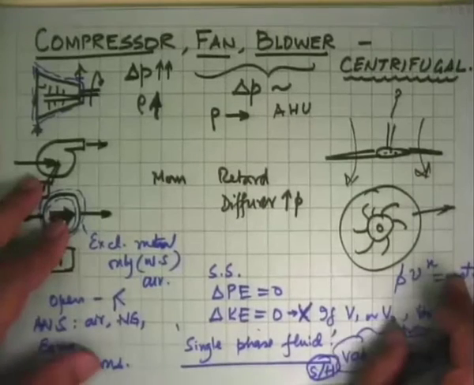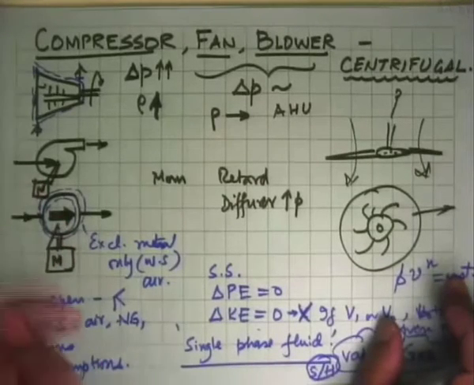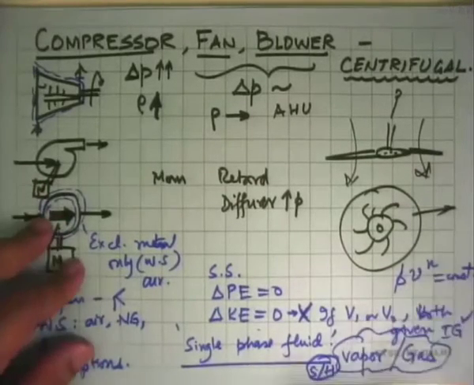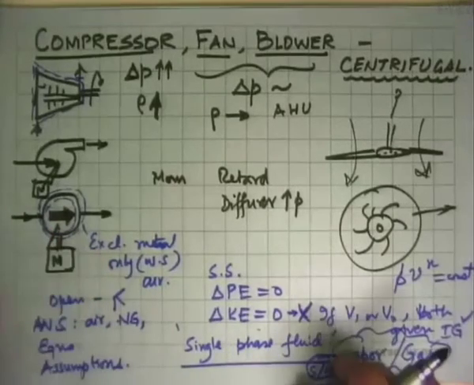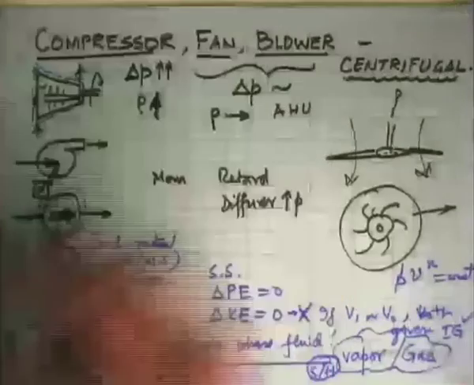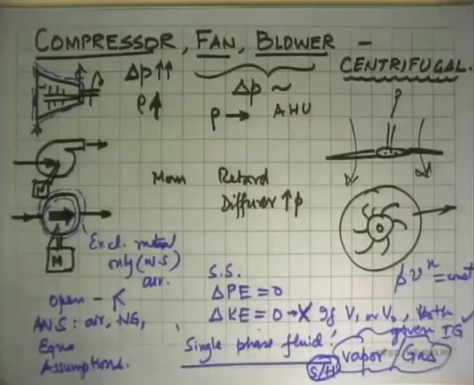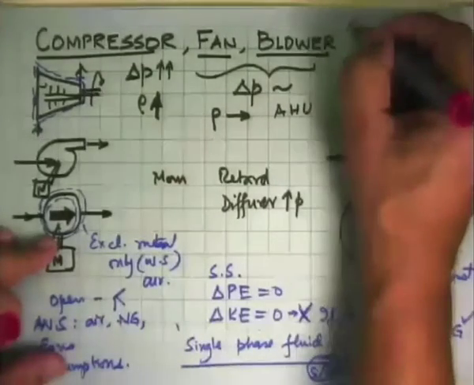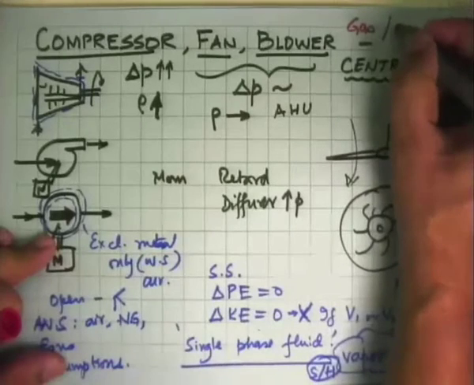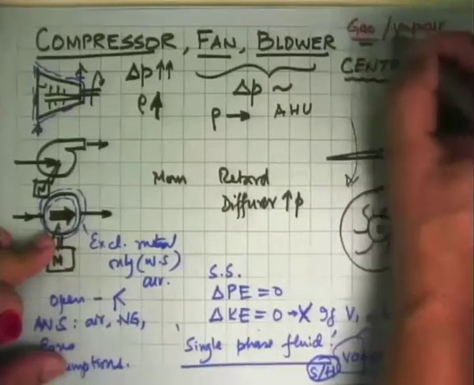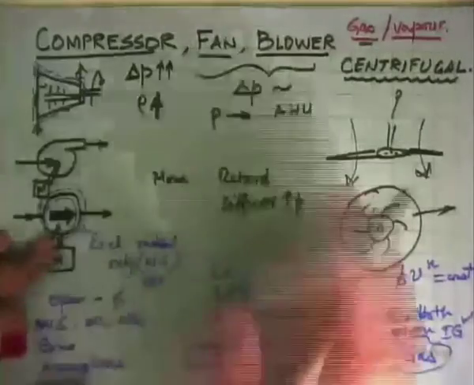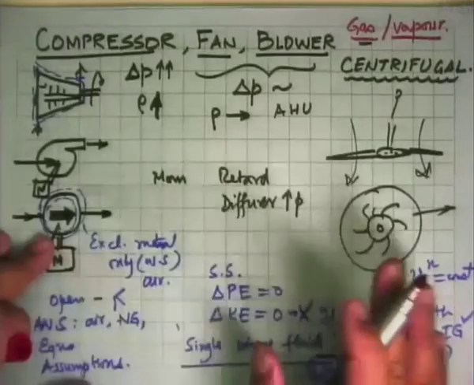If it is PV to the power k equal to constant, we also know additionally that this is a reversible isentropic process and I can use this equation. But the important part is that compressors, fans and blowers handle a gas or a vapor, and they never handle a liquid, and of course no machine will handle a wet substance.